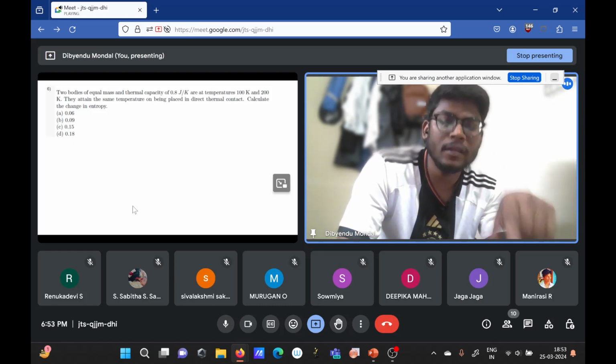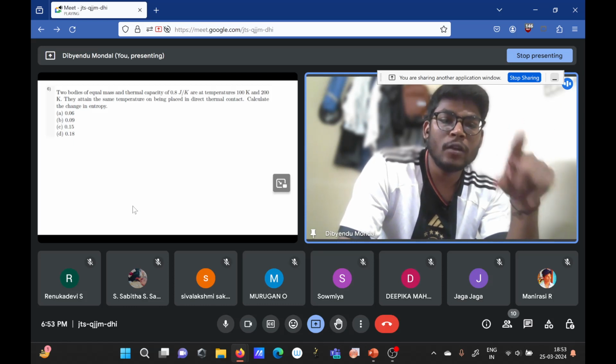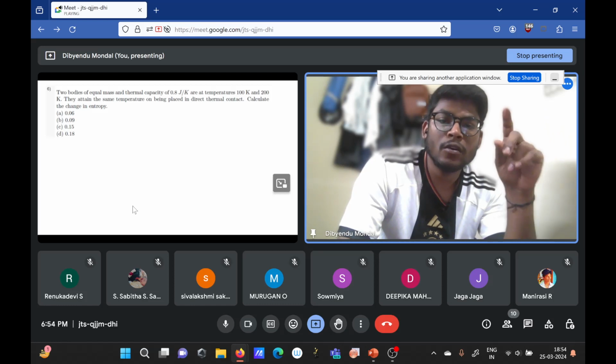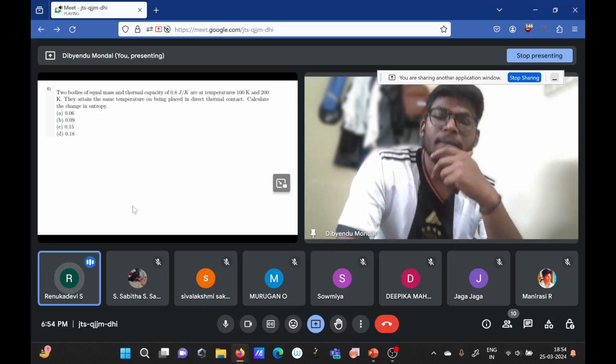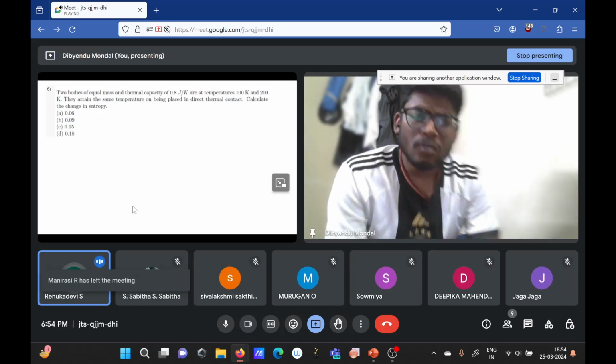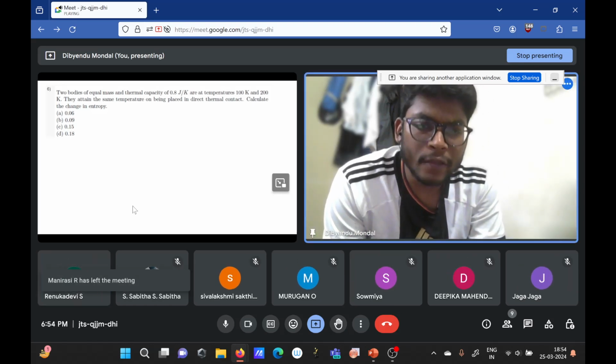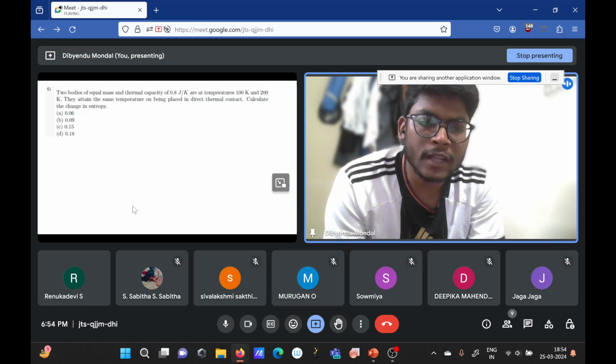For now, please tell me, if there are two objects of different temperatures in thermal contact, what will be the final temperature? This is easy, right? Not that complicated. My question is pretty simple. Two bodies of different temperatures in thermal contact.